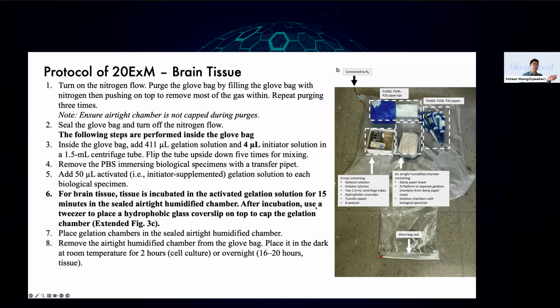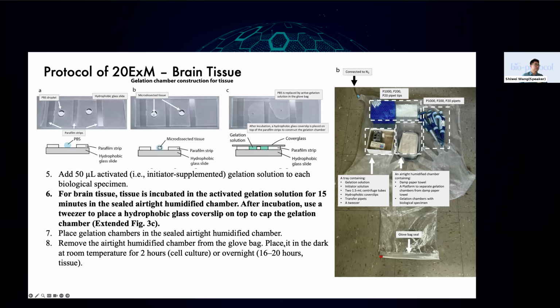After 15 minutes, you use a tweezer to place a hydrophobic glass cover slip on top to cap the gelation chamber, and now it's complete. So now you can take it out. With brain tissue, we keep it in the dark at room temperature overnight, so that's 16 to 20 hours for the gelation to complete. This is from step B to step C.